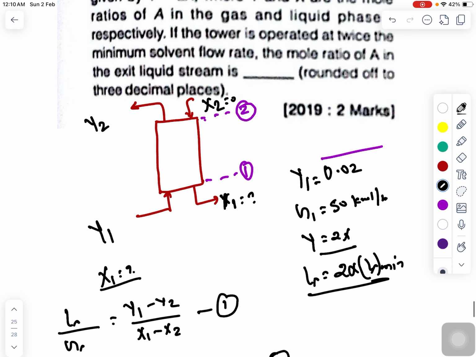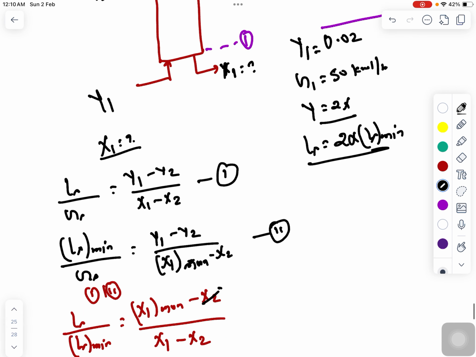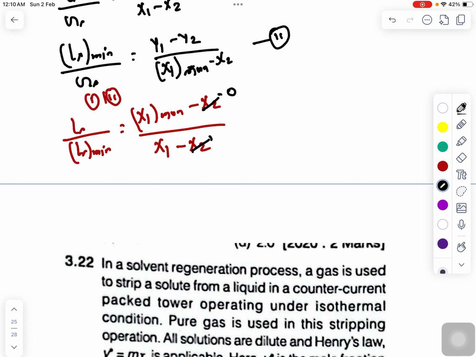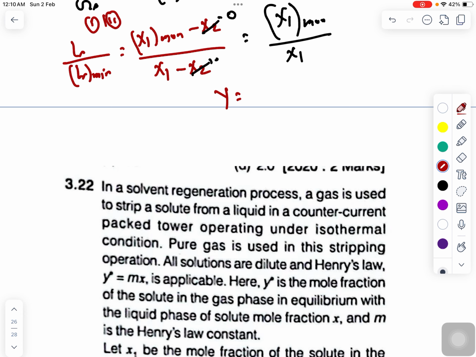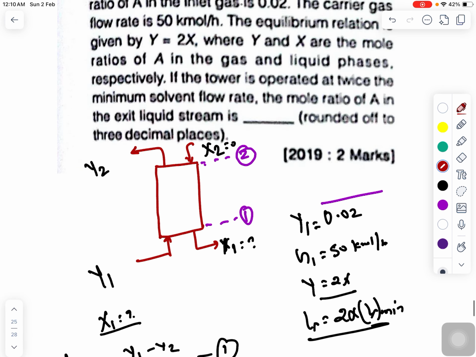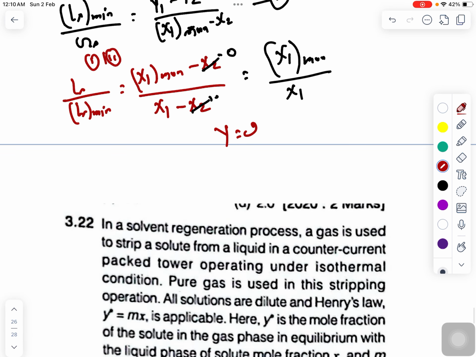x2 is 0, so that can be written as x1 max divided by x1. And how can we calculate x1 max? That can be calculated from y equals 2x, the equilibrium relationship that is given.